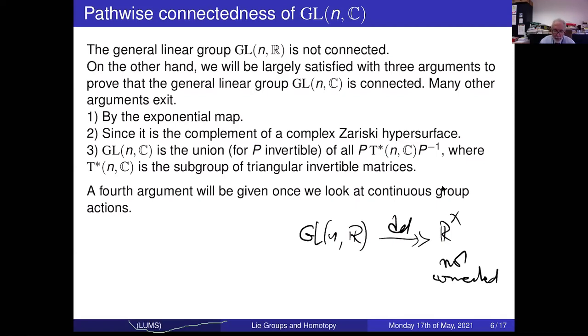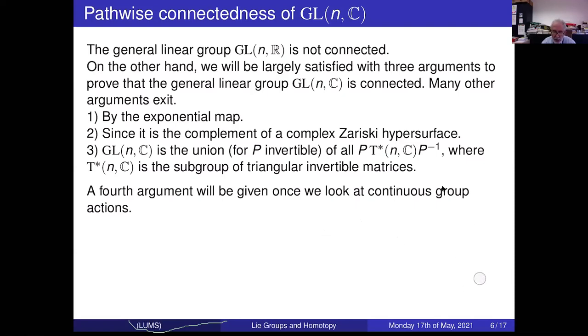Okay. And as I said in the beginning, the case of C is easier. GLNC is connected. Well, how? I will give you 3 arguments. First one, very easy, very quick. It is the following. Take the exponential map, which goes from MNC to GLNC. Why does it arrive in GLNC?